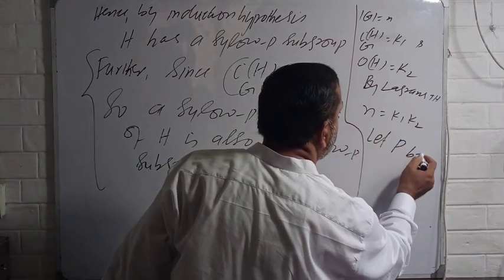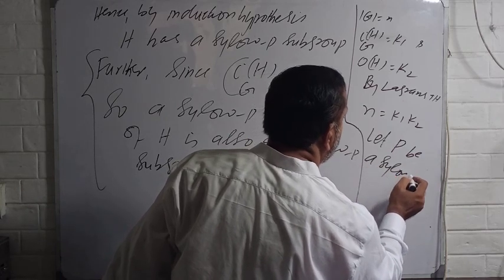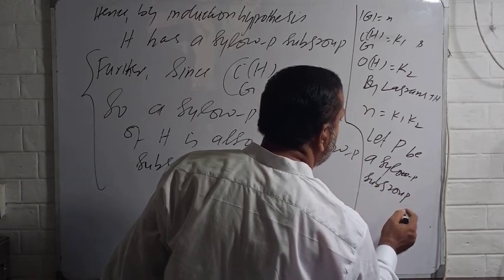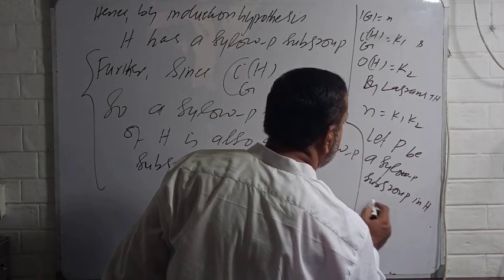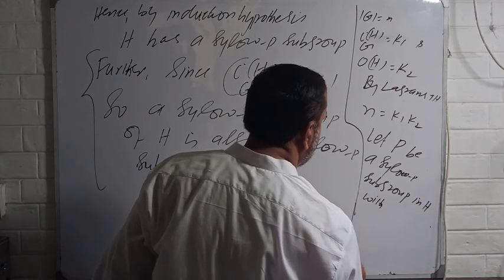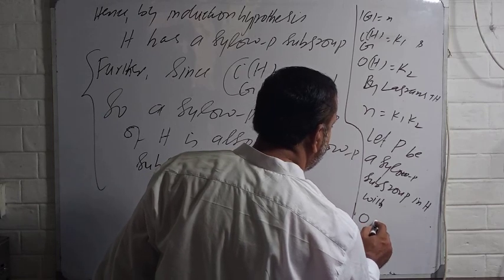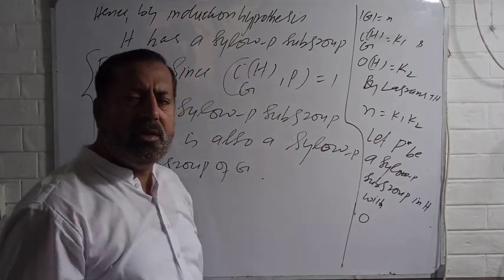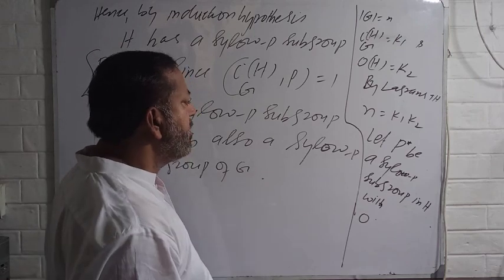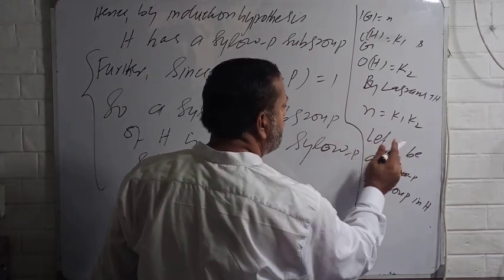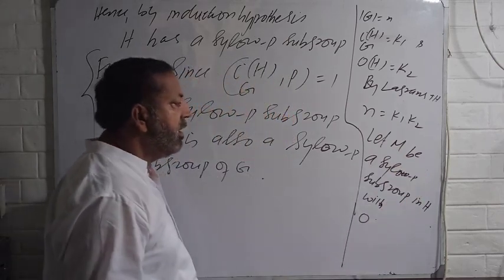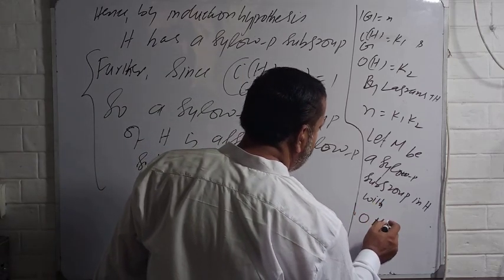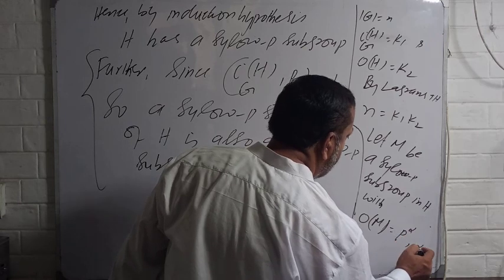Now suppose, let M be a Sylow-p subgroup in H with order of M equal to P power alpha, alpha greater than 0.